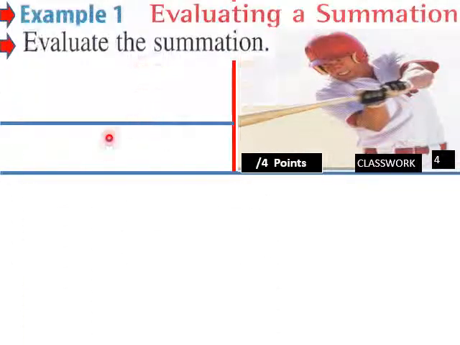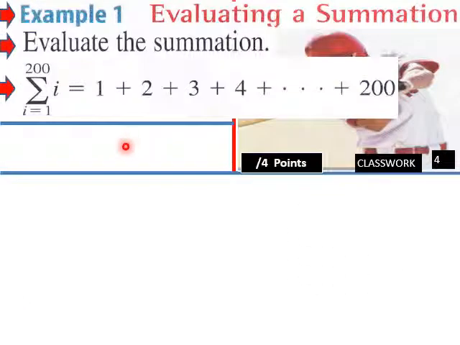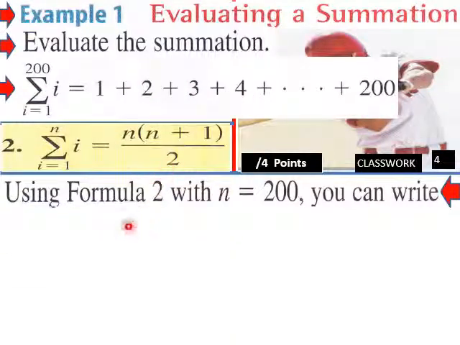Evaluating a summation. Evaluate the summation with an upper limit of 200, i equals 1, which is 1 plus 2 plus 3 plus 4 plus dot dot dot 200. How will we do that?